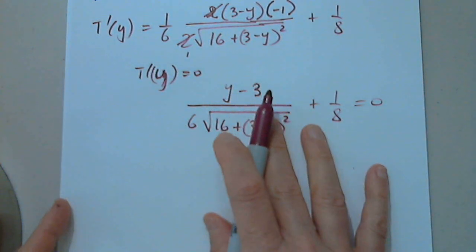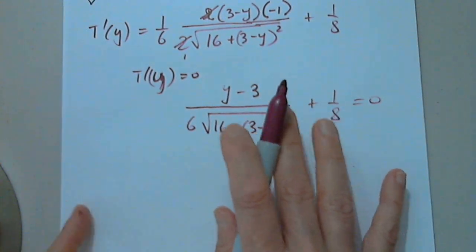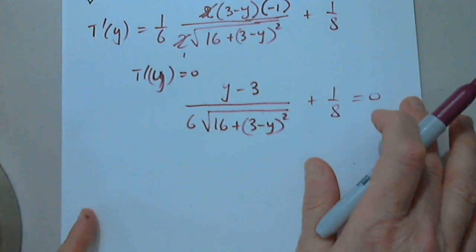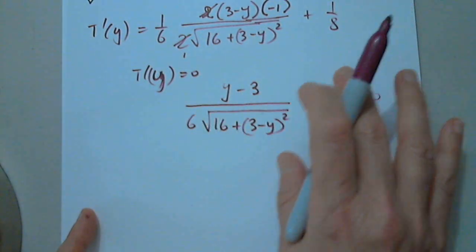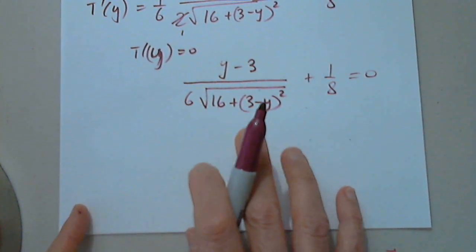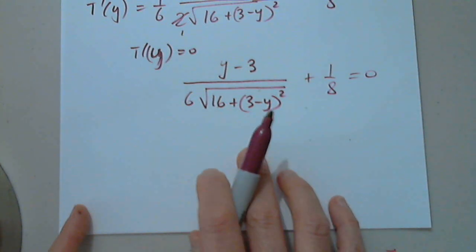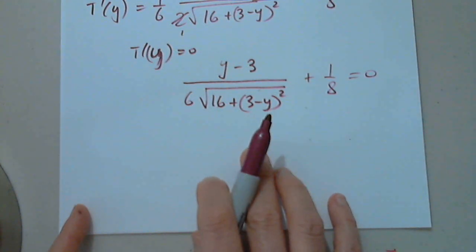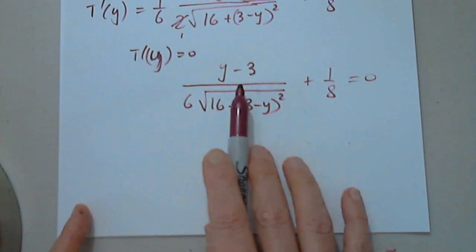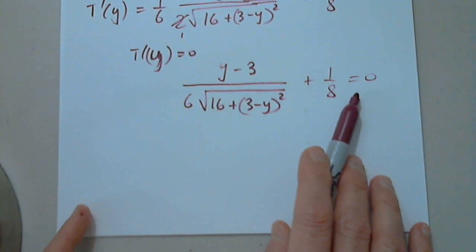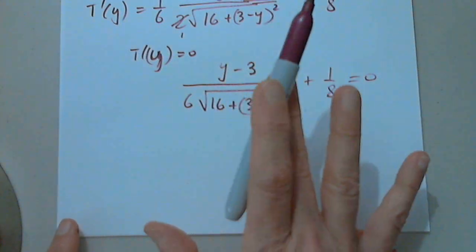So now I have to move 1 over 8 to the other side and cross multiply. Just thinking for a second, I don't want to get a negative number. So I'm a little bit concerned.